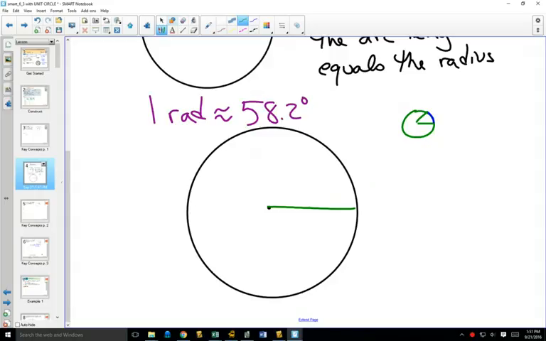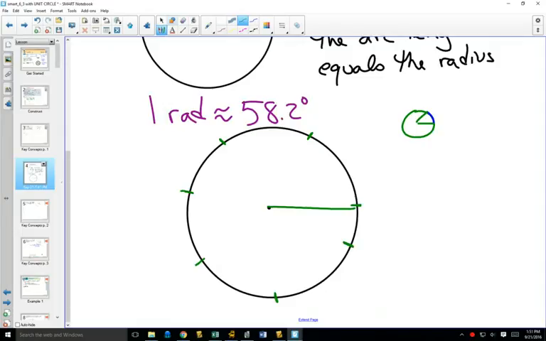Would there be 2 pi radians in a circle? Well, if we started by doing our first one to here, and our next one would be a little bit less than 60 again, and a little bit less than 60 again, we would have 3 of them, wouldn't be quite at 180. And then another, we would get 6 of them and a bit.